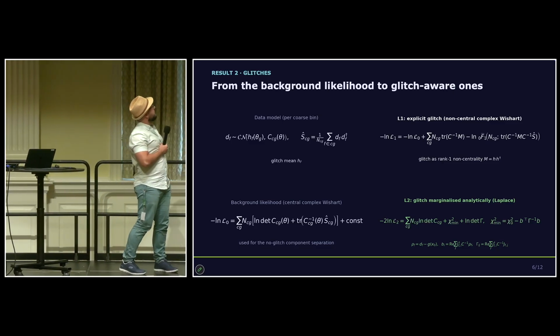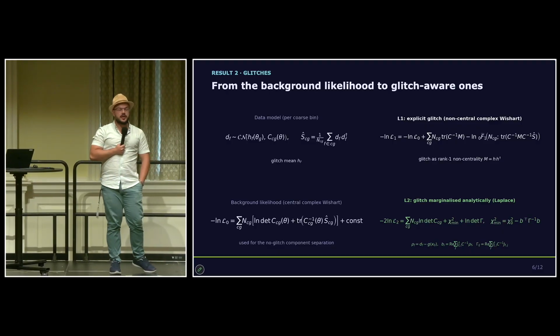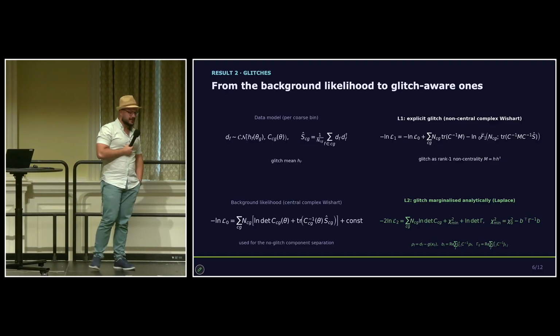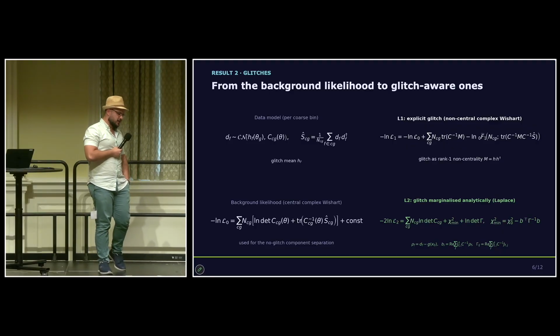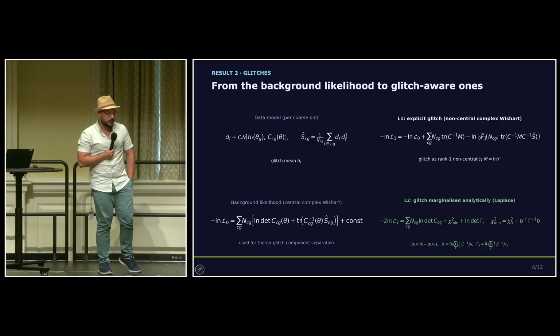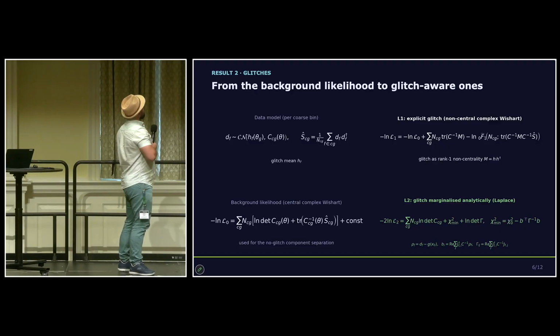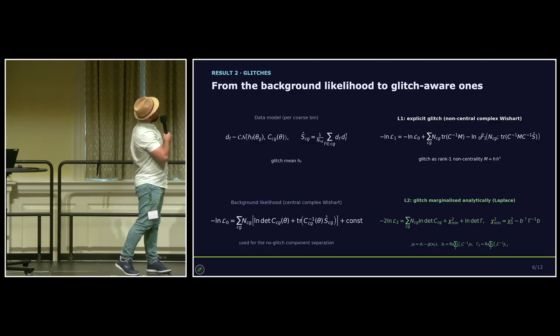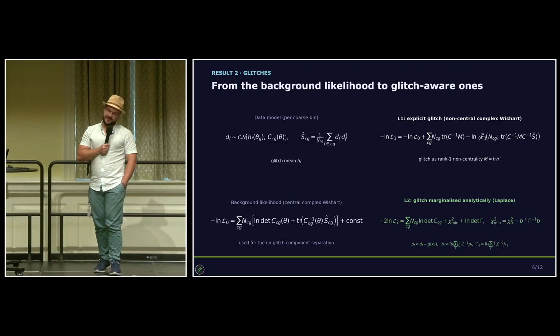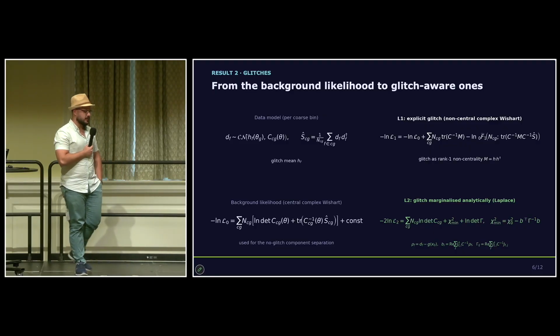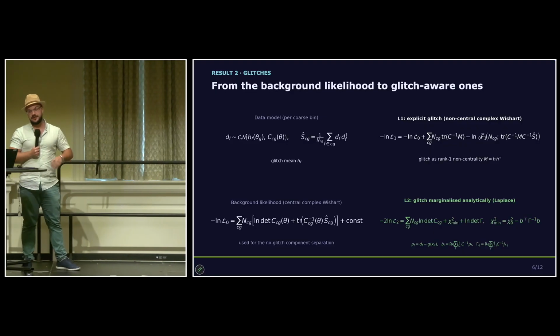And you can also write, if you want, an analytically marginalized likelihood, where you marginalize over the glitch parameters. We have both likelihoods, one that explicitly estimates the glitch parameters, if you really trust your glitch shape, and one that doesn't. And we also have two different networks, one that again estimates the glitch parameters explicitly, and one that marginalizes implicitly.